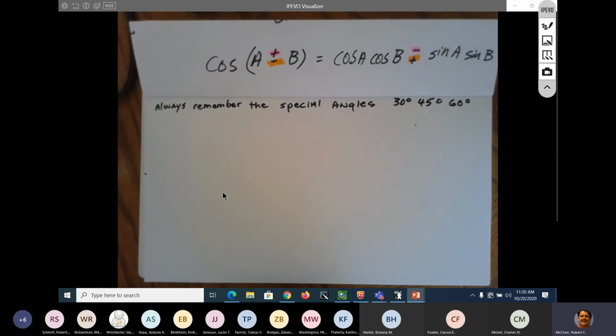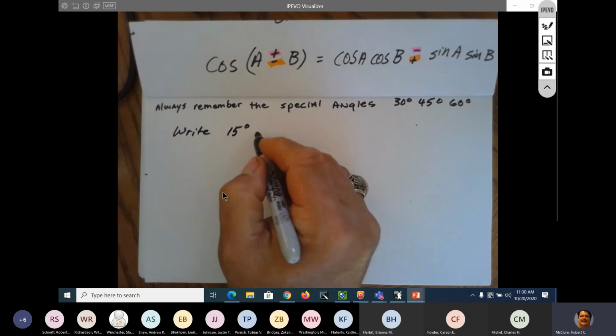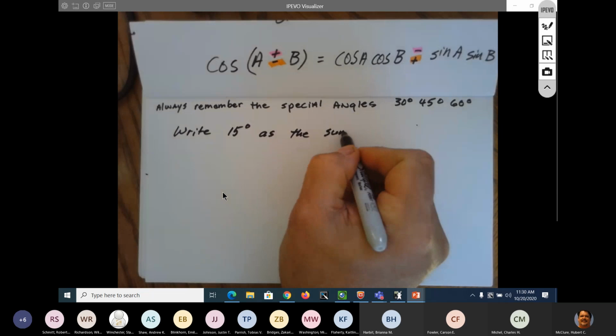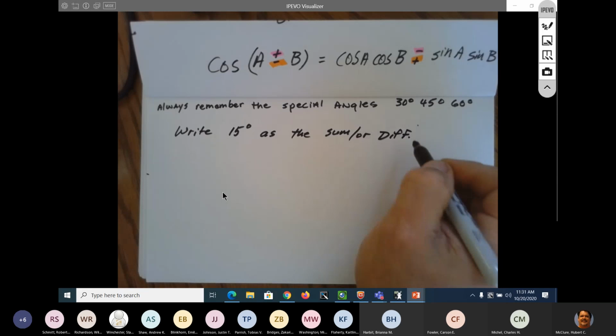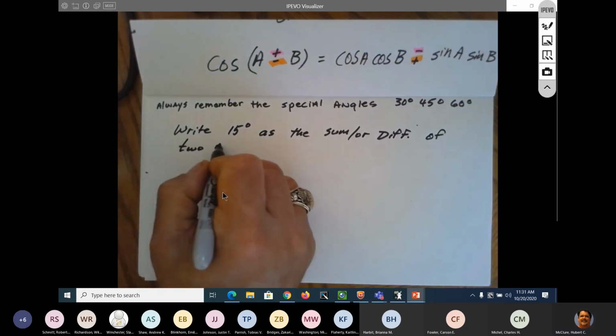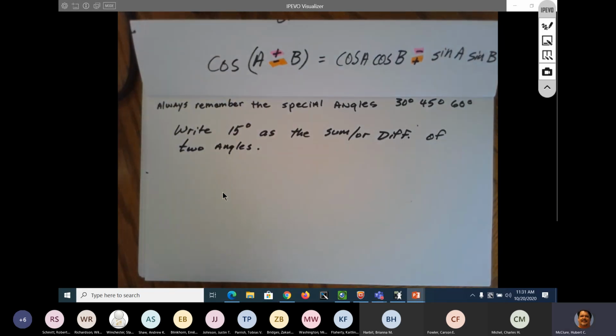Here's an example. Write 15 degrees as the sum or difference of 2 angles. This is a test question, this is a homework question.